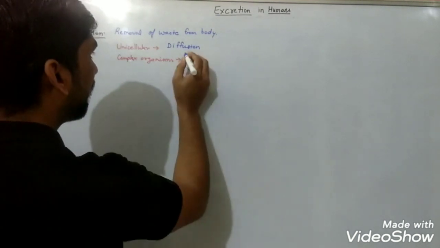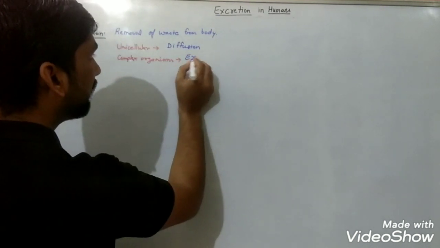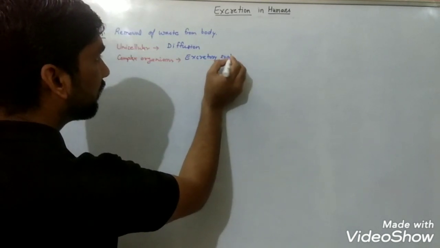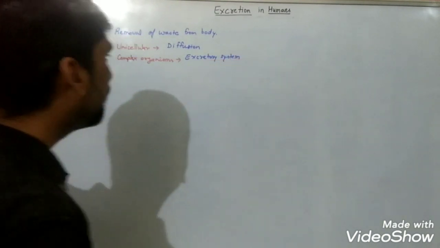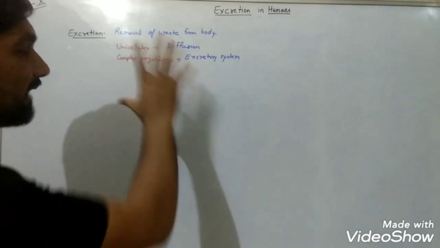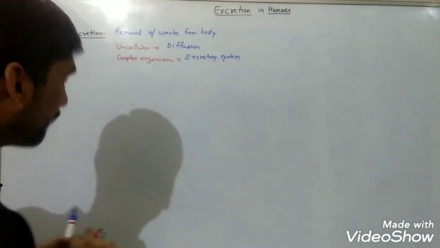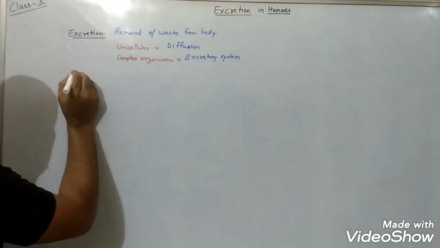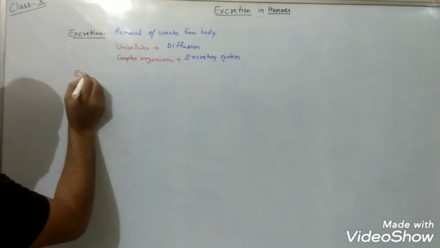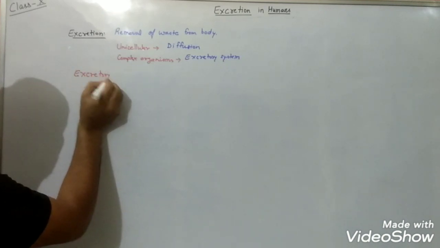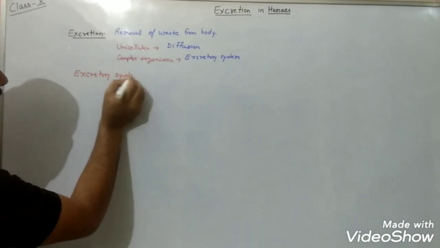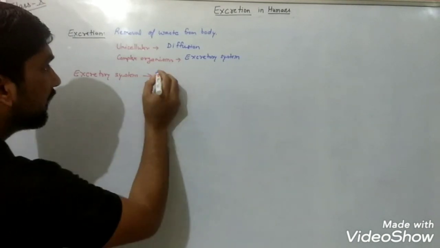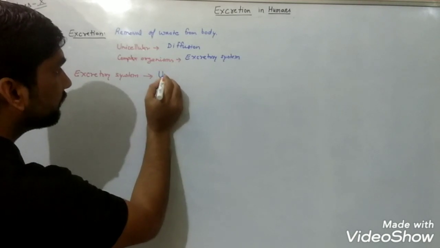This is a system that is known as excretory system. We will discuss the human excretory system because we humans are also complex organisms. The excretory system in human beings is also known as urinary system.